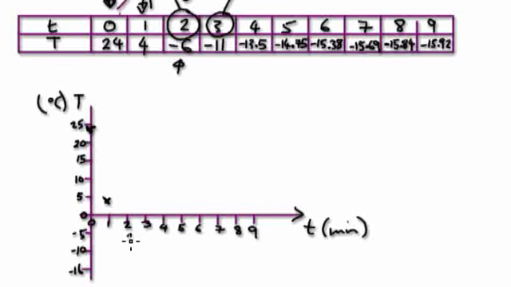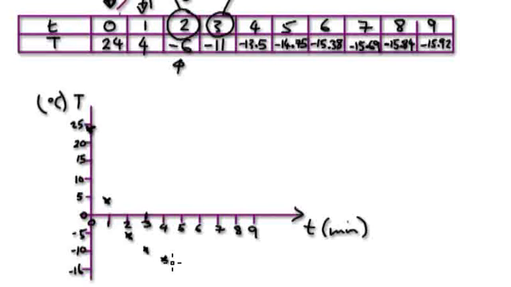Okay, so when it's 2 minutes, the temperature will be negative 6. So I'm going to guess somewhere around here. When it's 3, negative 11. So minus 10 here, it's just over minus 10. Now when it's 4, minus 13.5.